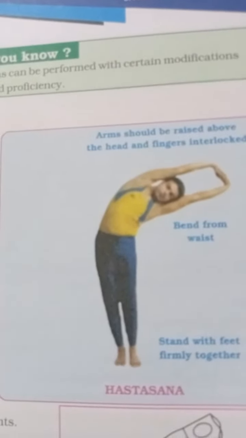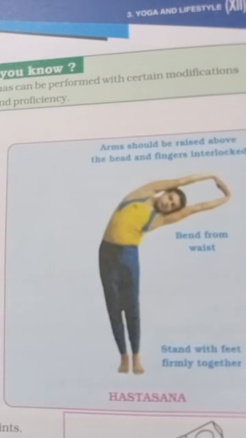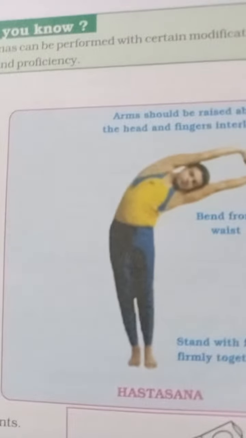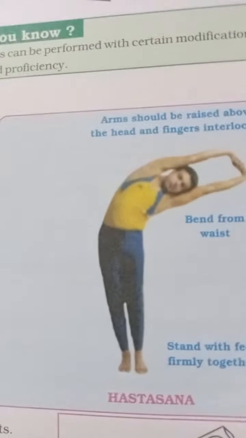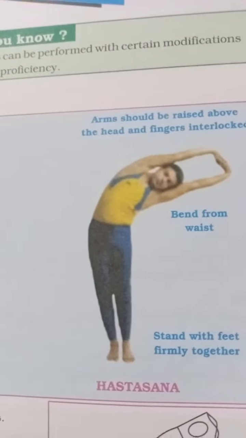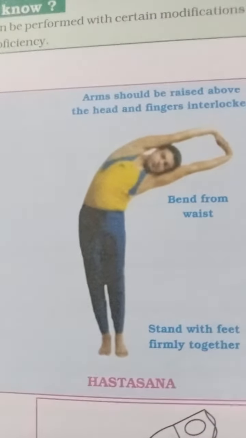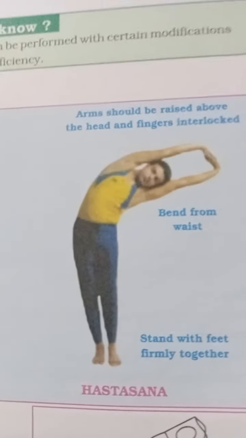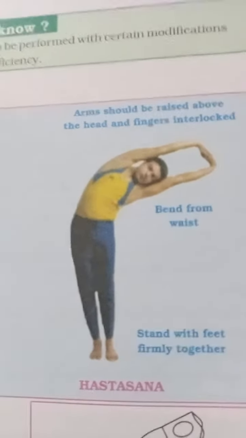Second, inhale and raise the arms over the head and interlock the fingers. Bend from the waist to the left side while exhaling. Step 4, hold the posture while inhaling and come back to center. Repeat the practice on the right side.